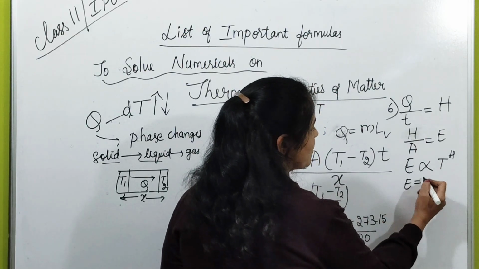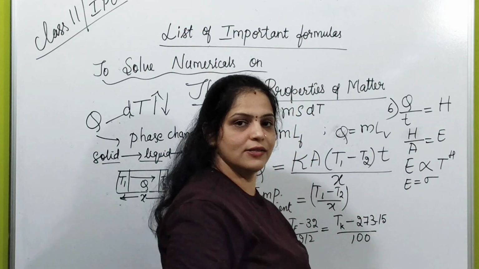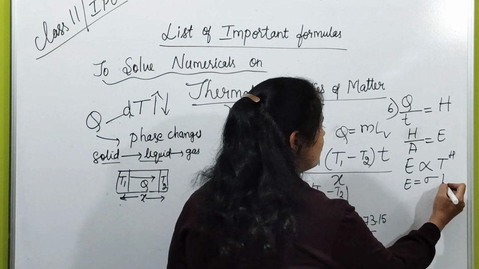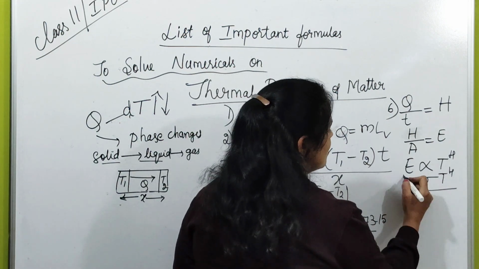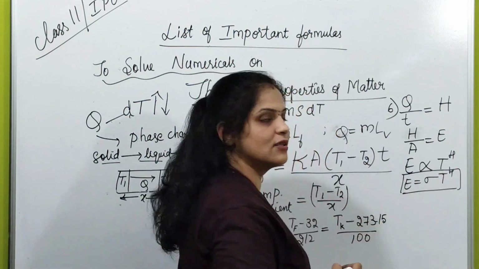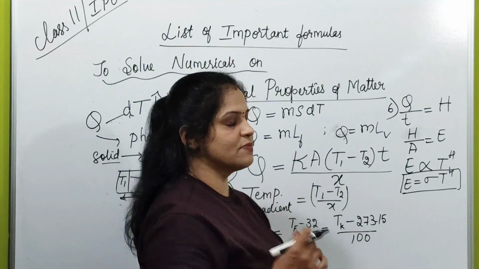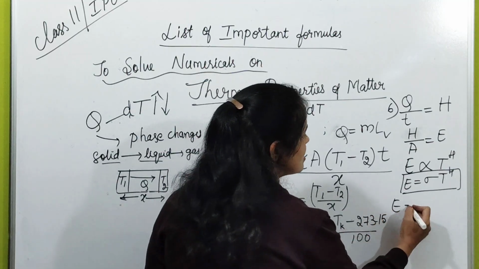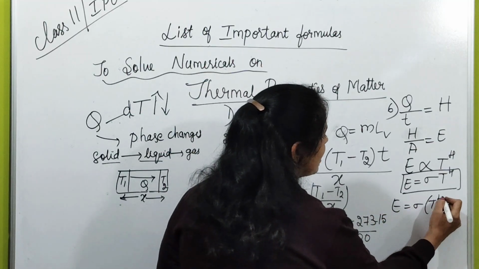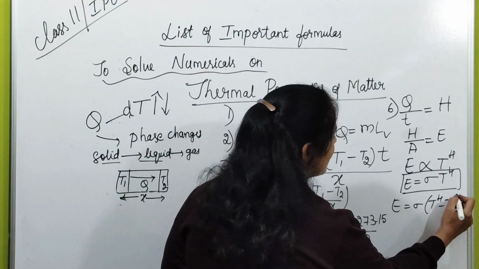Removing the proportionality, there is Stefan's constant: E = sigma T to the power 4. This is called Stefan's law. And the Stefan-Boltzmann law is E = sigma (T to the power 4 minus T naught to the power 4).